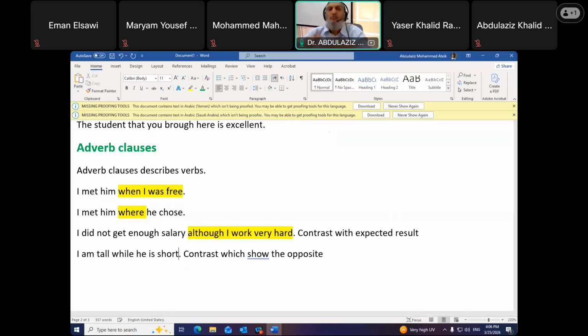Okay, this is opposite, which shows the opposite. Tall, opposite, short. Okay, so this is contrast, adverb clause. Okay, we can use also while for time, so it will be classified here.